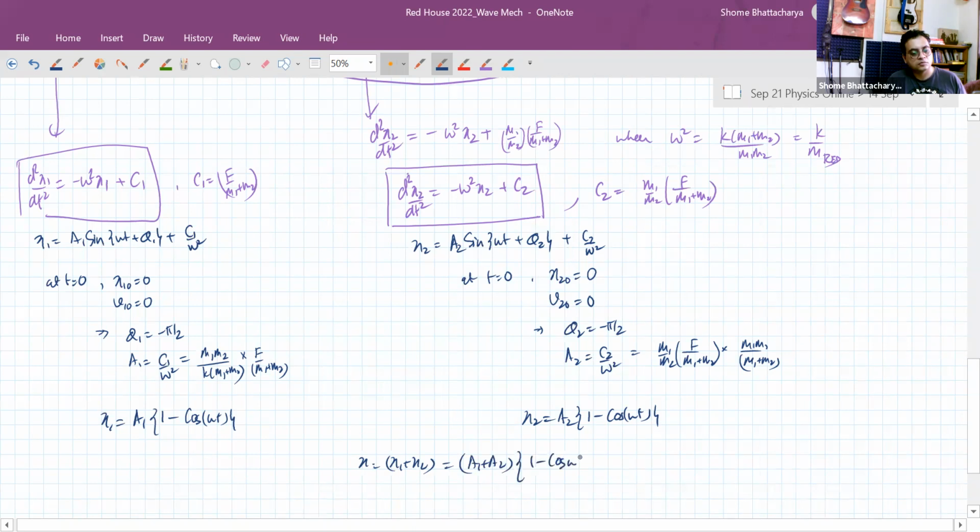So x's maximum value will be 2 times (A1 plus A2). So this relation.